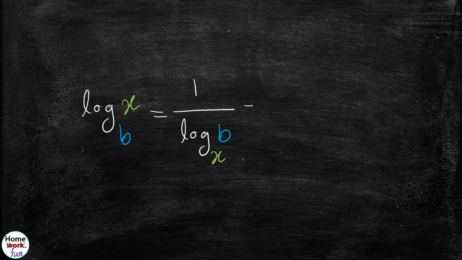Because this is equivalent to saying log of b with the base x, and on the top I can write log of x with the base x, which is 1. So it's essentially the same rule that we mentioned before. This could be very useful in some examples too.